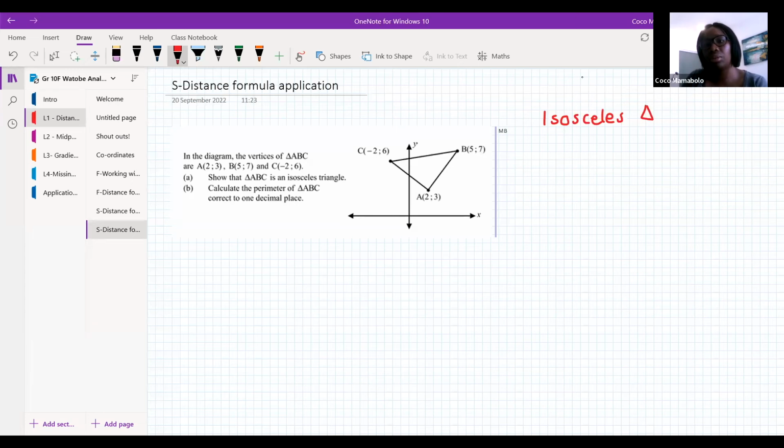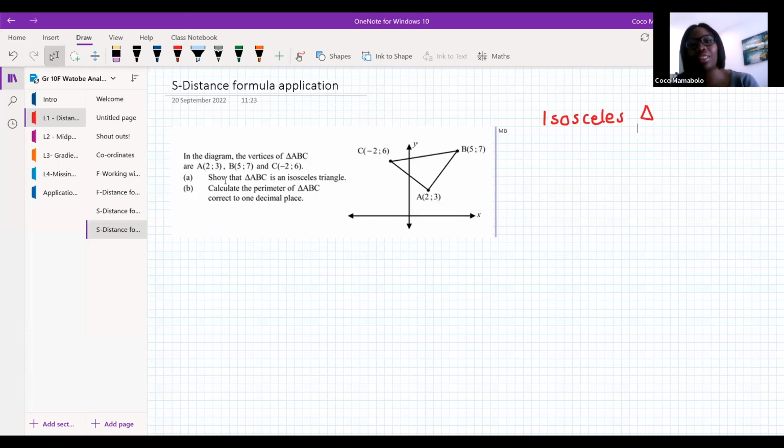Yes, Marcelo. What is an isosceles triangle? Ma'am, an isosceles triangle has 2 equal sides and 2 equal angles. Good. Okay, excellent stuff. All right, so we're not going to be able to do much about the angles because we don't have any angles. They haven't given us any angles.